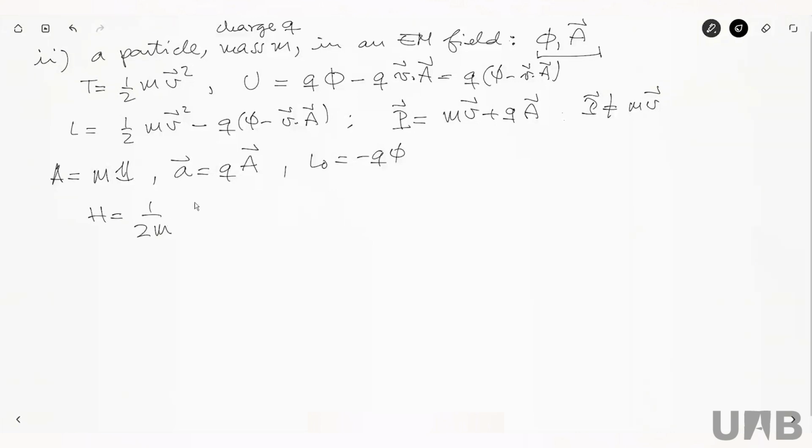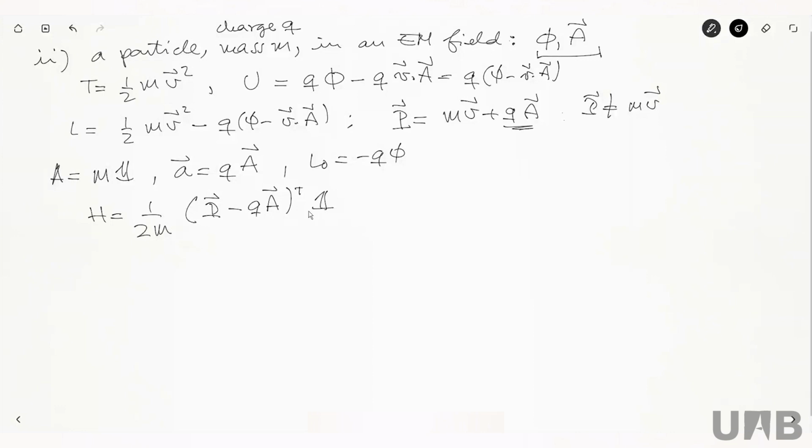Then this is 1 over 2m times P, the canonical conjugate momentum, minus QA. So that's the shift, this little shift here with the opposite sign, transpose.